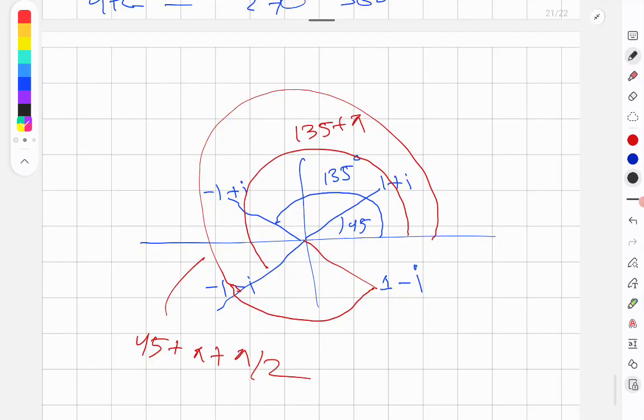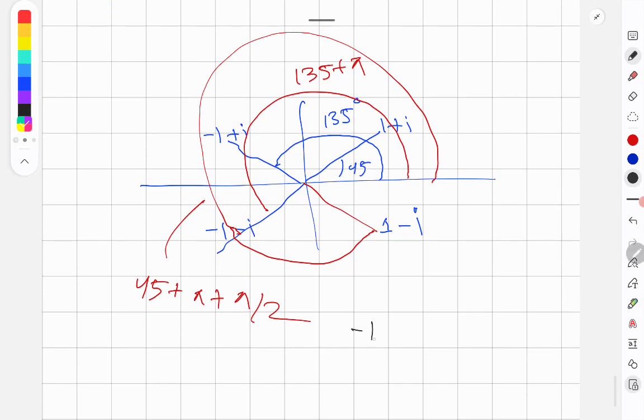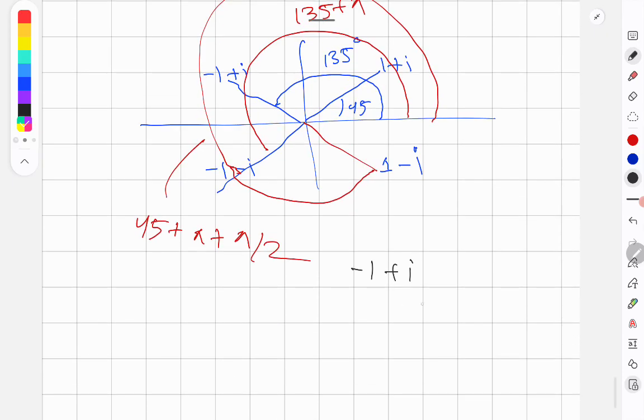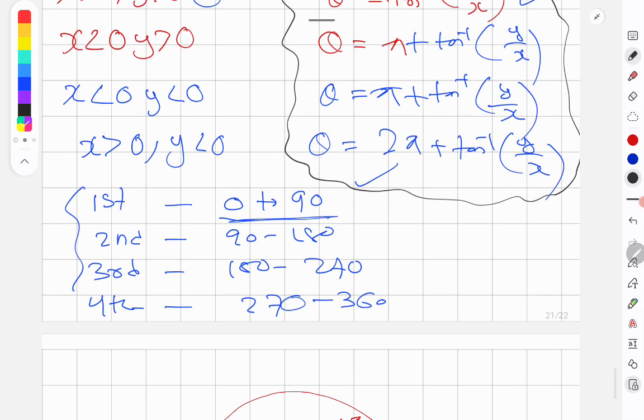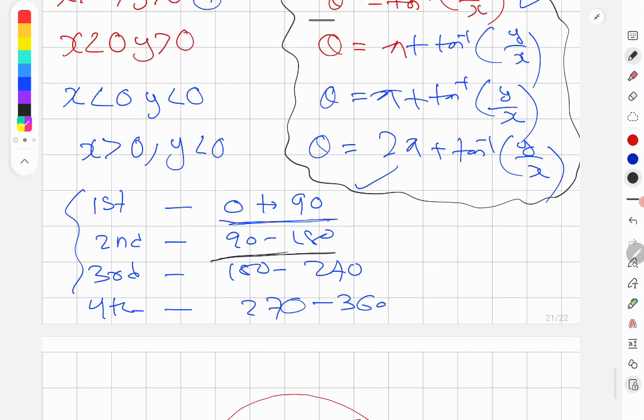For example, if you imagine you got this one, minus 1 plus i, and you got your angle as 45 degrees. You can see this lies in the second quadrant. 45 degrees cannot be possible, so you can think about some angle between 90 and 180.